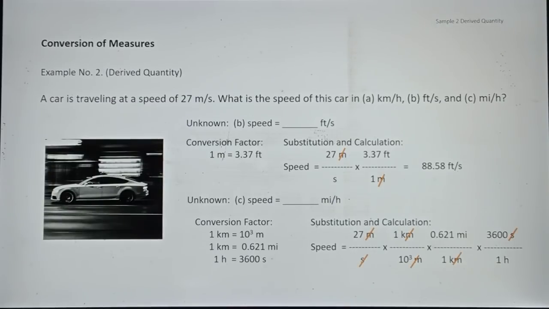Substituting the given speed of 27 meters per second and the conversion factors, 1 kilometer over 10 raised to the third power meters, 0.621 miles over 1 kilometer, and 3,600 seconds over 1 hour. When multiplied, the result is 60.36 miles per hour.